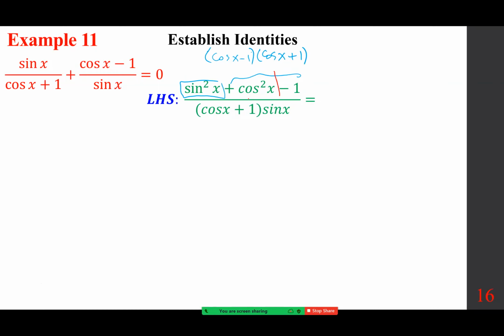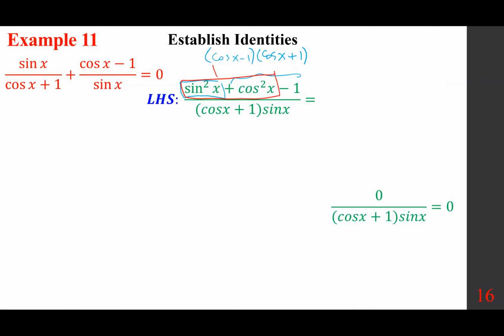As you know, sine squared plus cosine squared is to add up to 1. 1 minus 1 is 0. The numerator is 0, and the denominator is some number. 0 over a number other than 0 is 0.